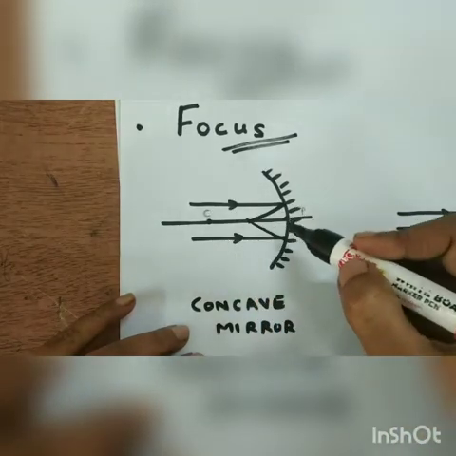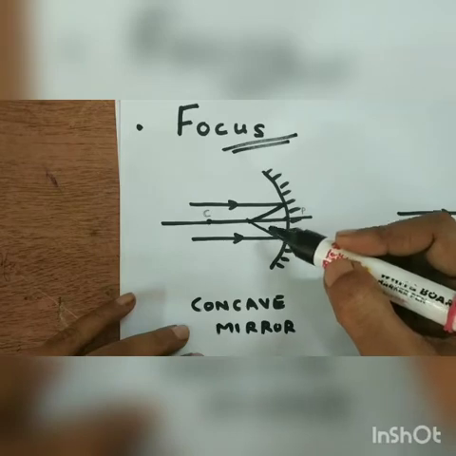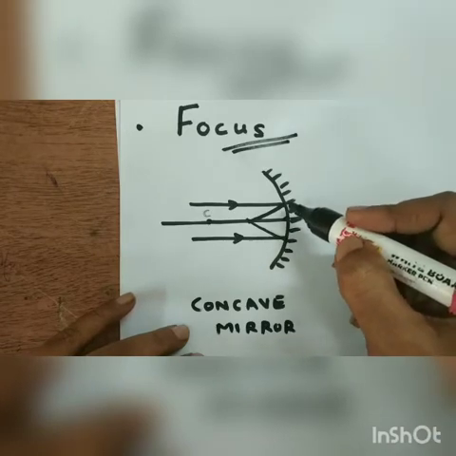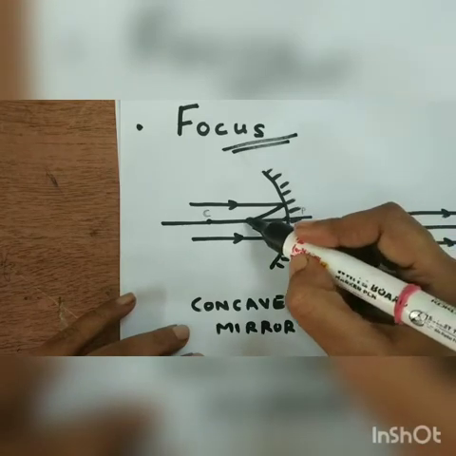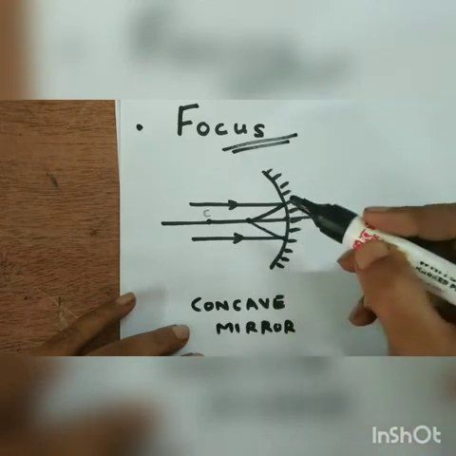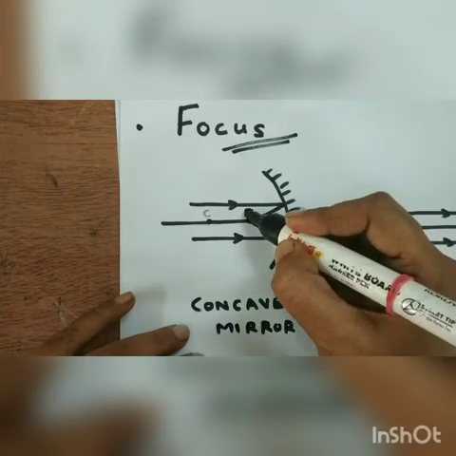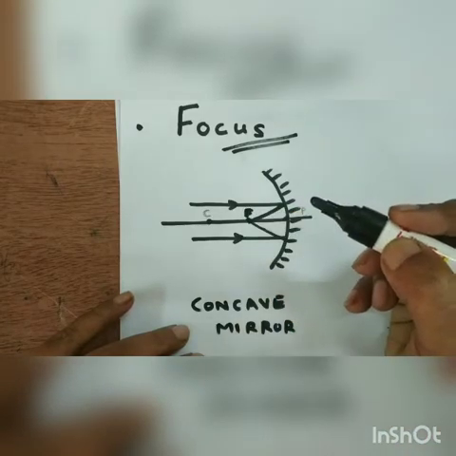This ray of light is parallel to the principal axis and very close to the principal axis. After reflection, it passes and meets at a point on the principal axis, and this point is called the focus and represented by the capital letter F.